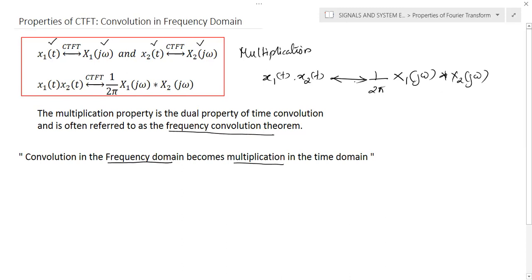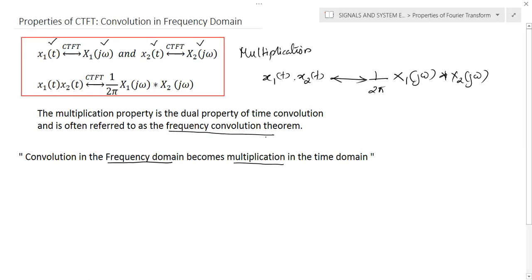In the previous case, convolution in time domain became multiplication in frequency domain. Now convolution in frequency domain is equivalent to multiplication in time. There is only an extra term, 1 by 2π. So this is the convolution property or multiplication property.